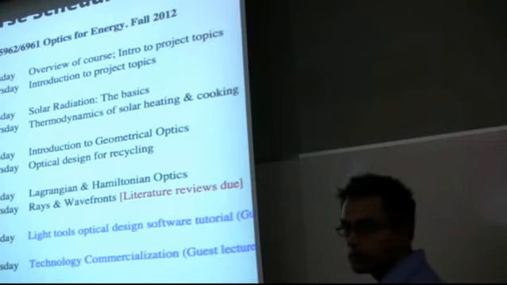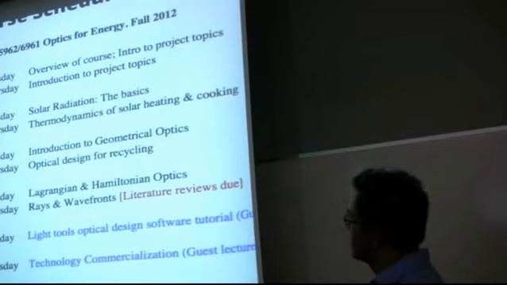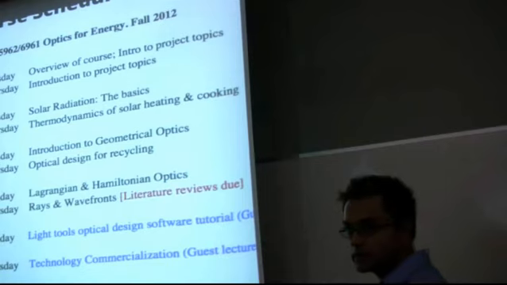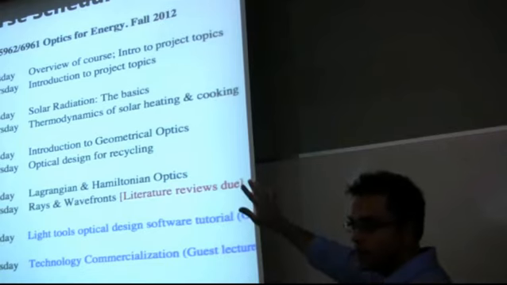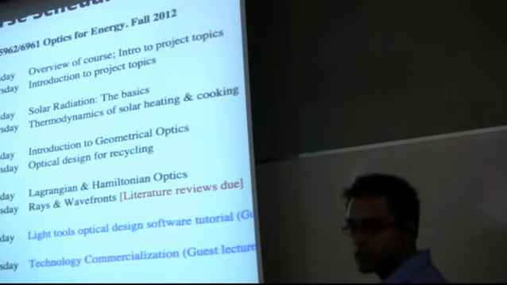And some of this is important when you start thinking about designing optical systems, because you need to understand what you're actually designing for. Okay. We'll look at thermodynamics of solar heating and cooking. Again, very basic thermodynamics. And I wanted to get all this up in front because we need to get this understanding before we jump into the projects, okay?